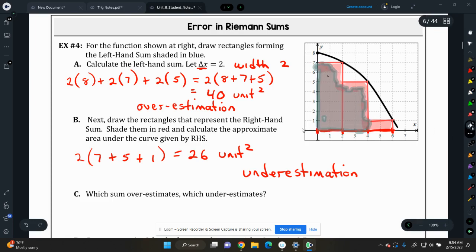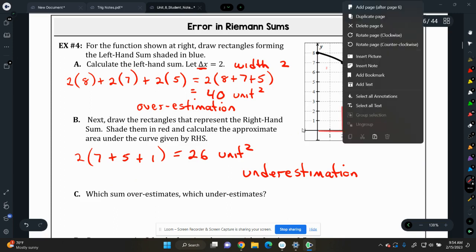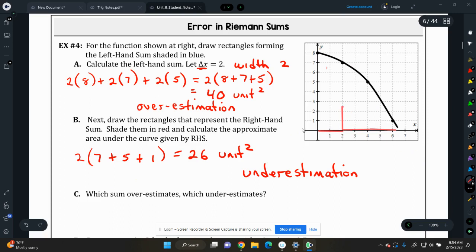This is what the midpoint approximation would look like. Oops, I didn't mean to erase those. Let's try that again. We would take our curve so that the mid part of the rectangle intersected.